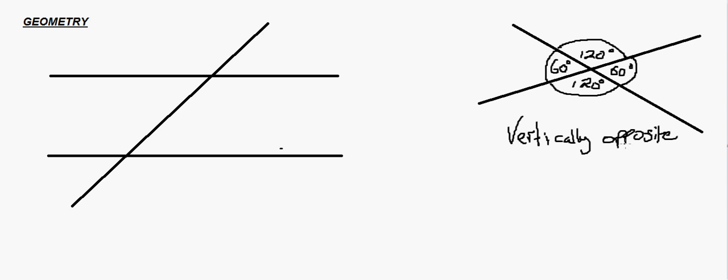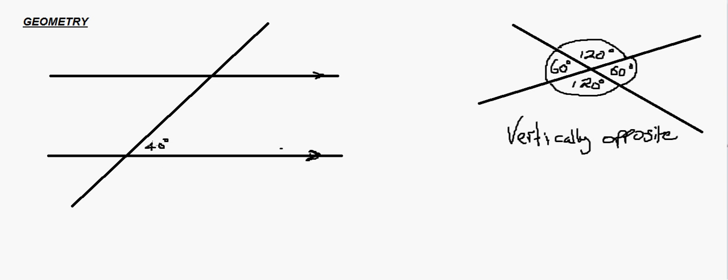Okay. Now, if we have two parallel lines, now if lines are parallel, they'll have arrows pointing in the same direction to denote that they're parallel. Okay. Now, if we ignore this top line for the moment and we just deal with this part, again, let's say that this is 40 degrees.